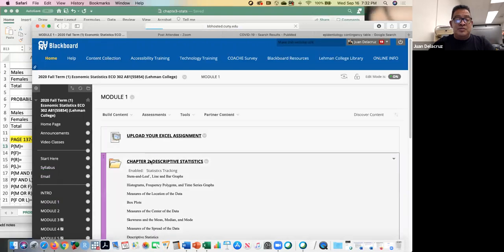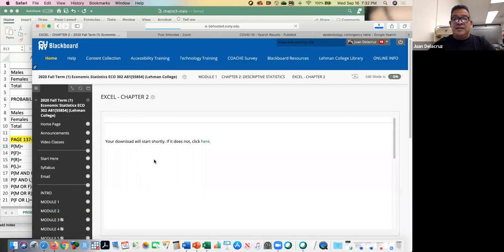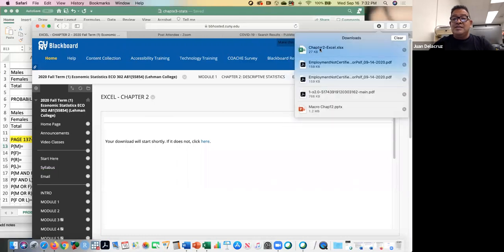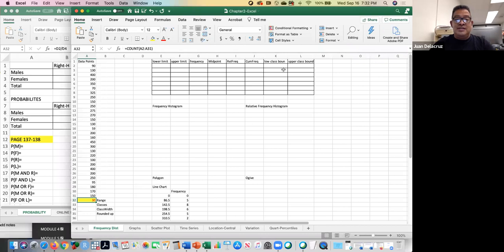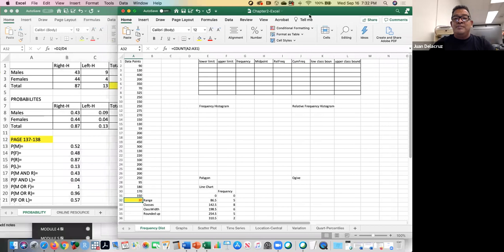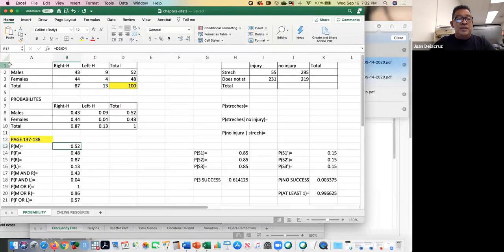So chapter 2, you have to use this file, right? I hope you are doing that. You work on these assignments, right? You have to create all these things. So how should you proceed? Now you have many spreadsheets at the bottom. What I want you to do is to copy all these.